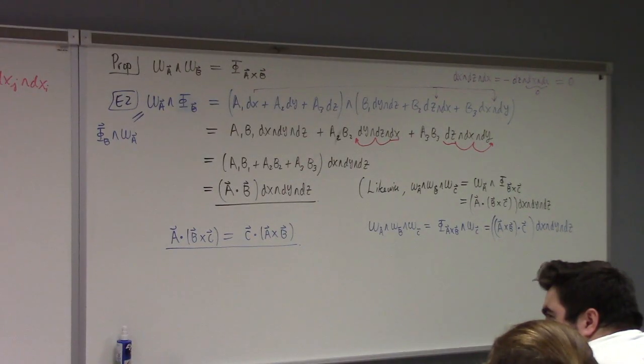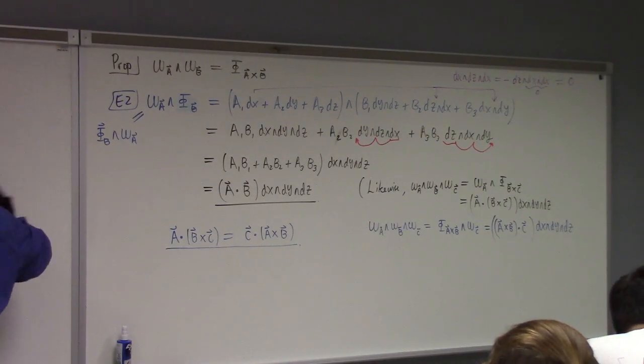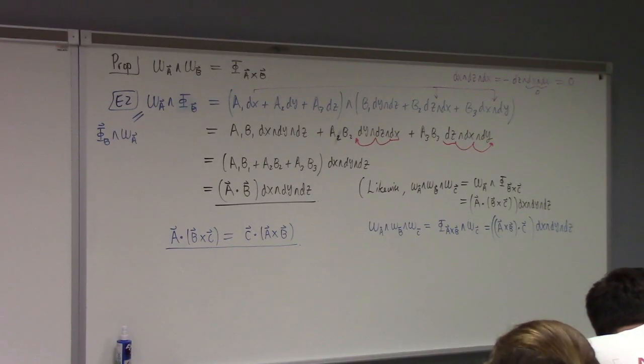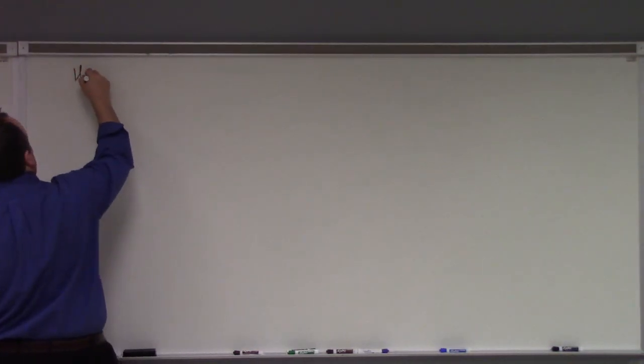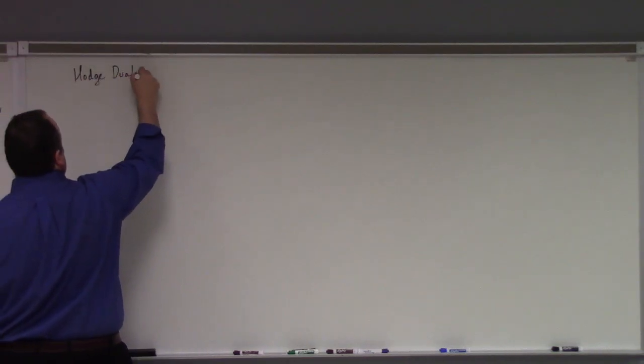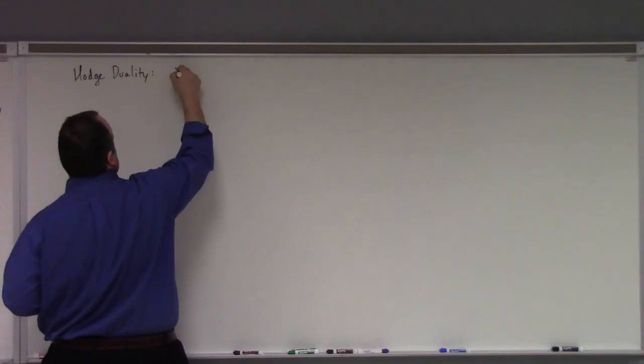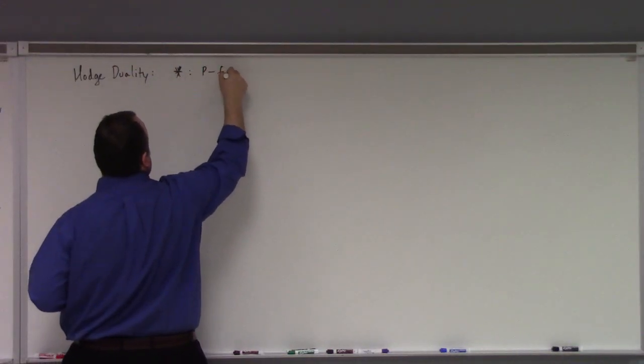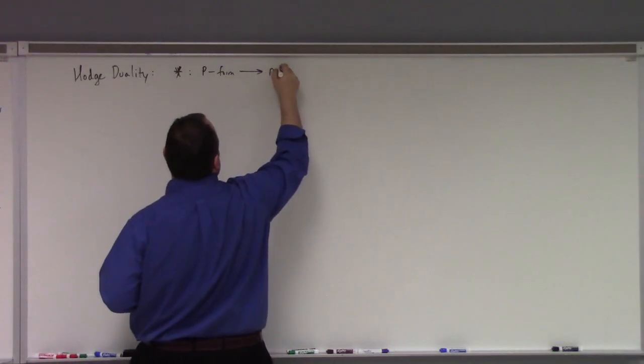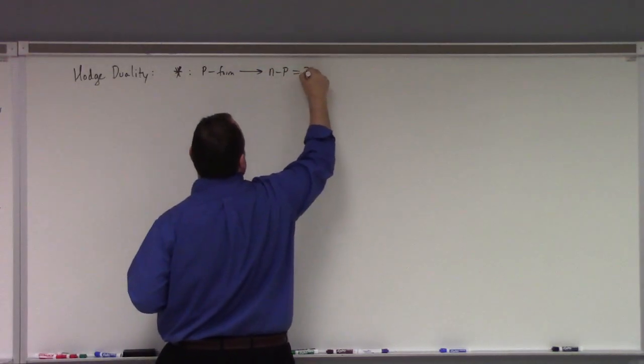So let me do that. What the Hodge dual does in 3 dimensions is it always takes a p form, star, and it gives you an n minus p form, which in this case is a 3 minus p form.